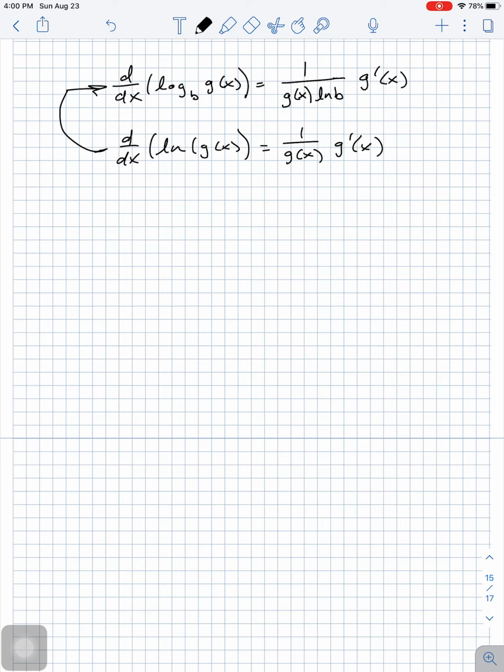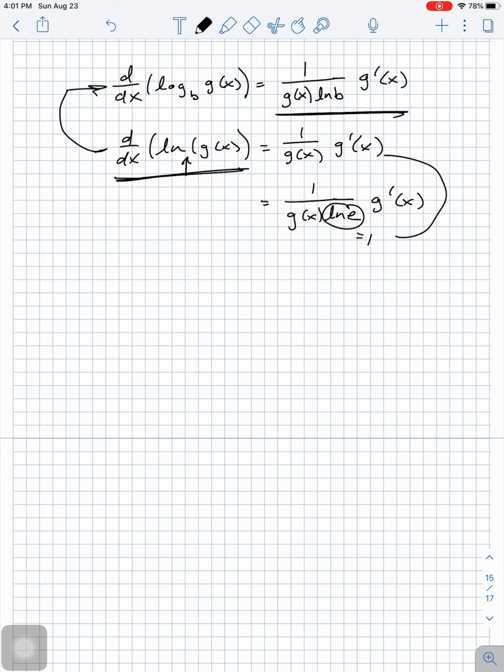This is actually that, but the issue is, let's look at this derivative using this formula. I get 1 over the stuff times the natural log of the base. The base here is e, times the derivative of the function, and this equals 1. So that gives me this formula.